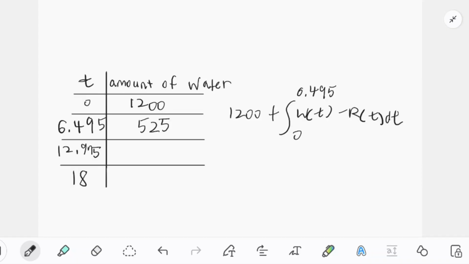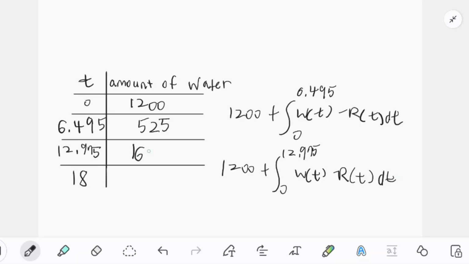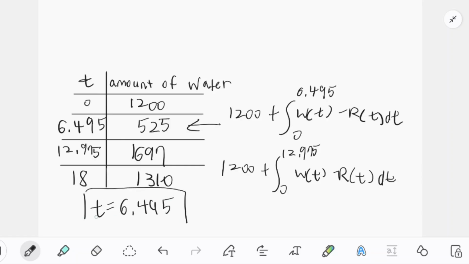Doing the same for t equals 12.975, we get 1697 gallons. At t equals 18, we have already solved for it in part B, which is 1310 gallons. From this, we can conclude that there's an absolute minimum amount of water at t equals 6.495. This is the answer to part C.